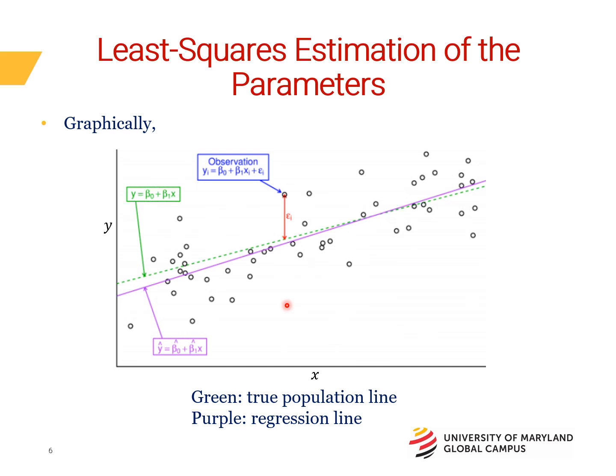We estimate them using the observations in the sample data by employing the least square estimator, shown here with the purple line, which is the fitted line, or effectively the regression model. As you can see here, the estimated regression line is not quite perfect with the population line, the green line, but it is very close. So this is a good approximation.